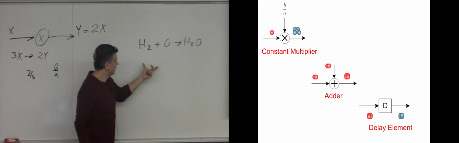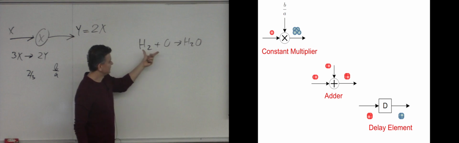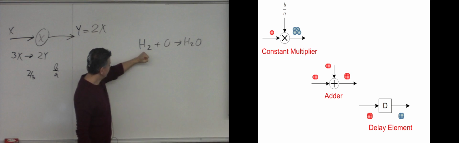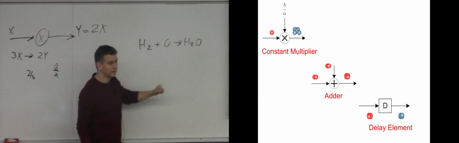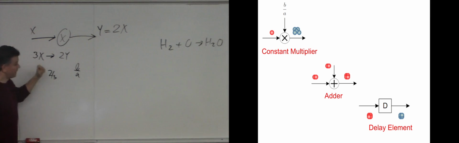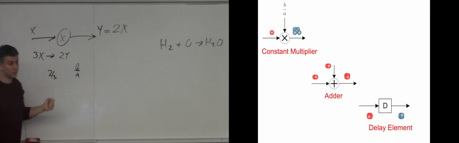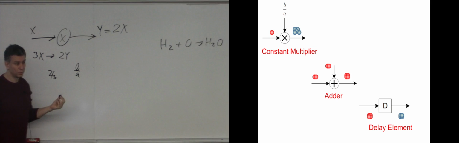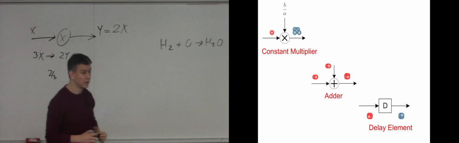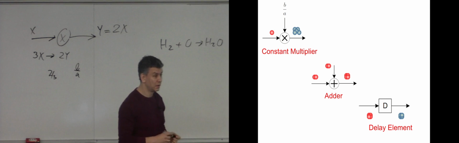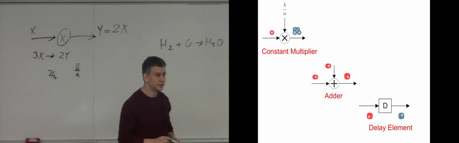It's a reaction that's changing input concentration. I have input concentrations of H and O, and I get H2O. So here I have a reaction where I have X as the input and Y as the output. If you put nothing else, then X is supposed to remain X.